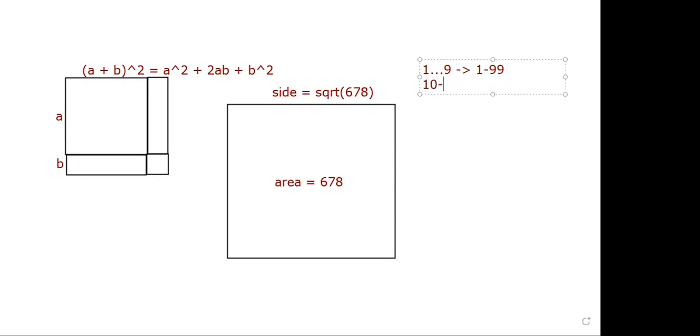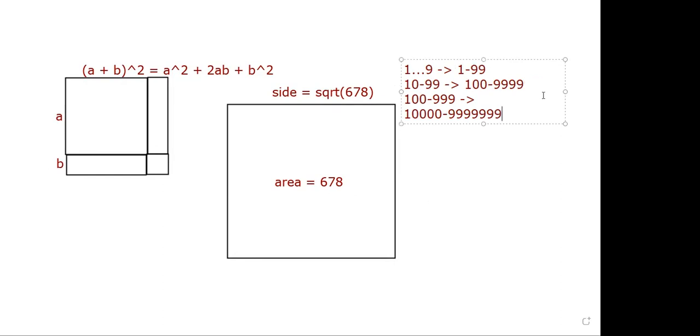If you go from 10 to 99, these squares are 3 to 4-digit numbers. And if you keep going like this, for 3-digit numbers, the squares are 5 to 6-digit numbers.